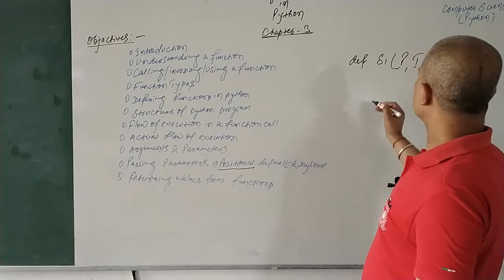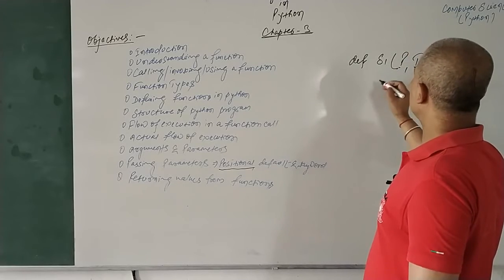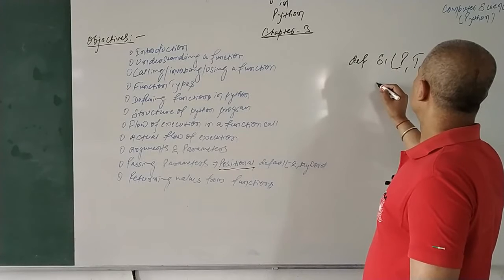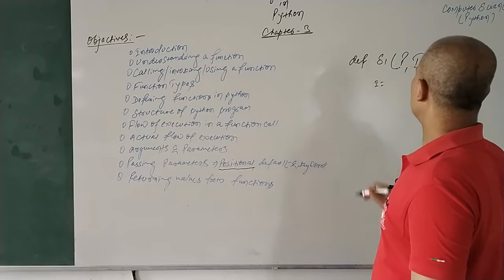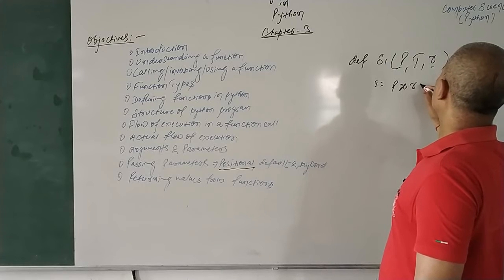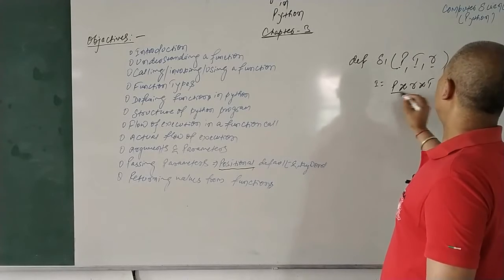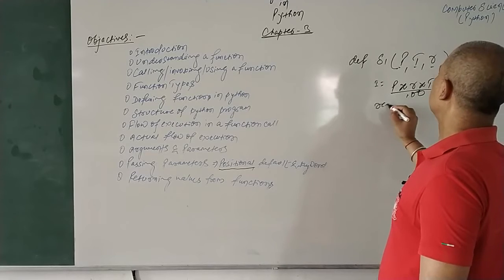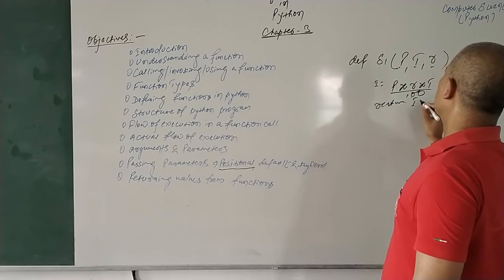And suppose there is a body, of course, so you can say I equal to P into R into T, by 100, and return I.